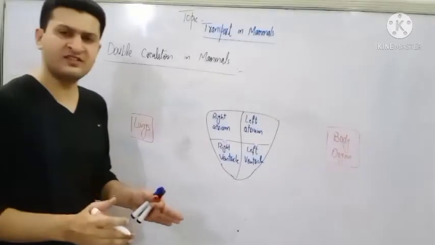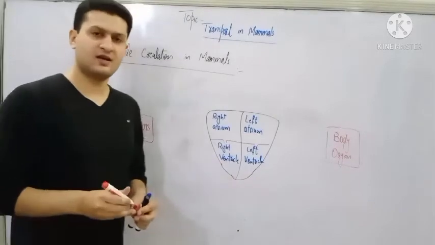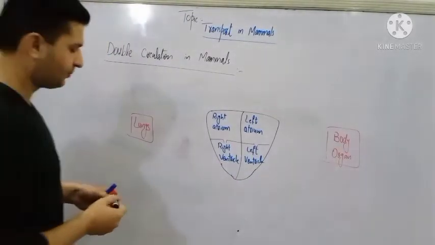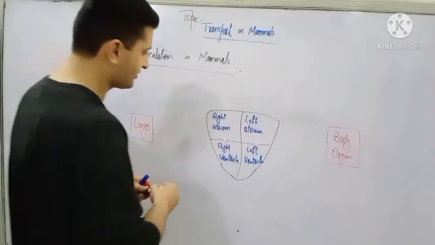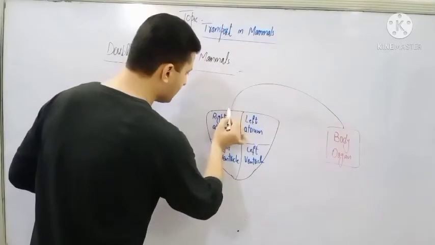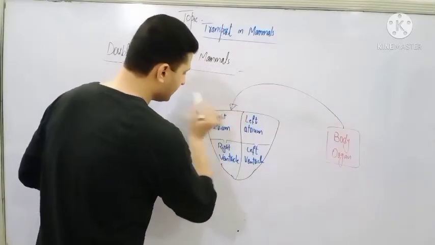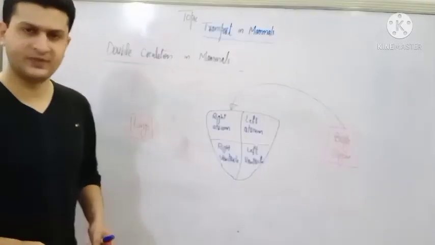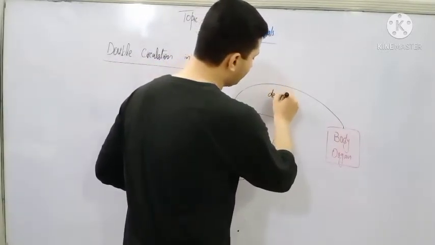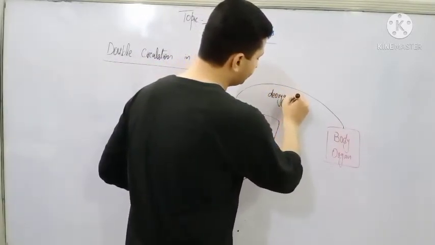You know, two lungs are present there in our body. Now what happens? Blood travels from the whole body to the right atrium, and this is deoxygenated blood.